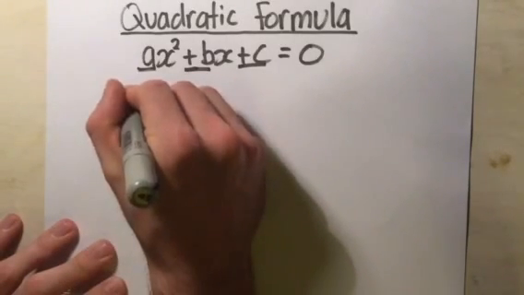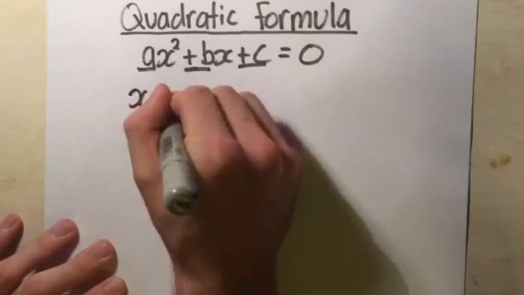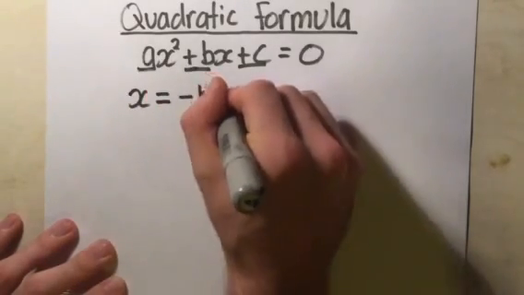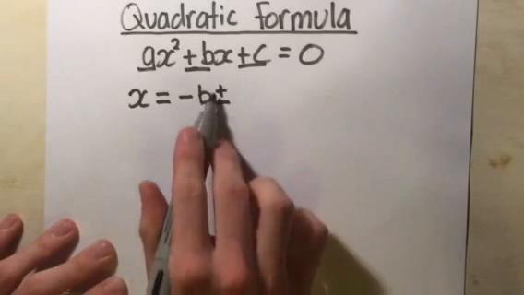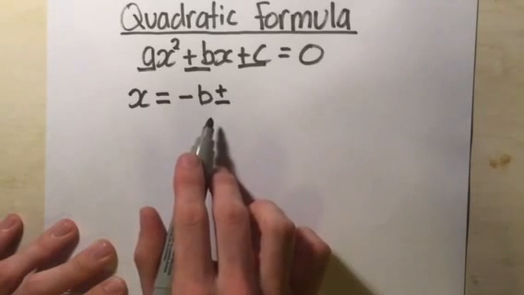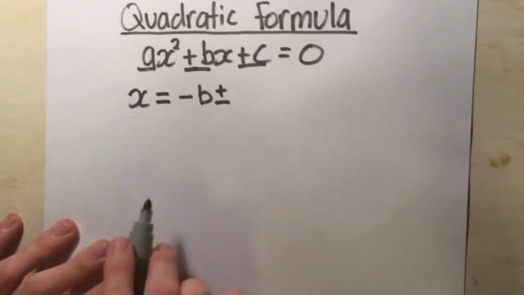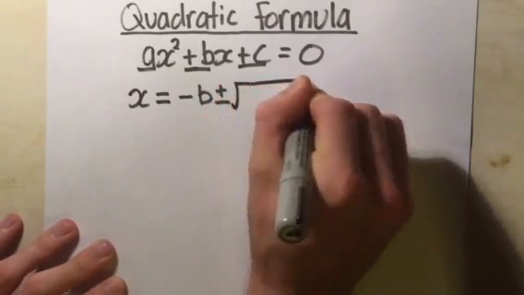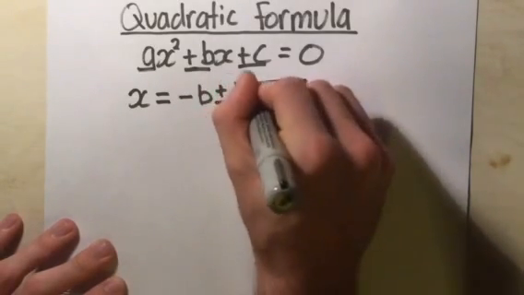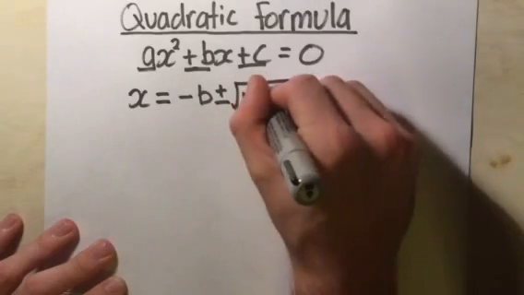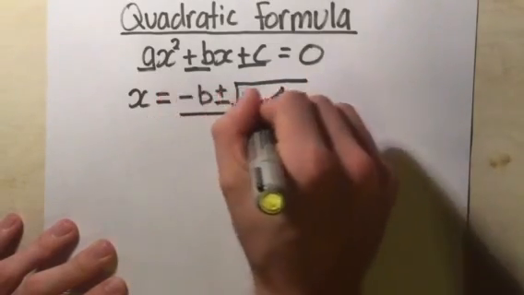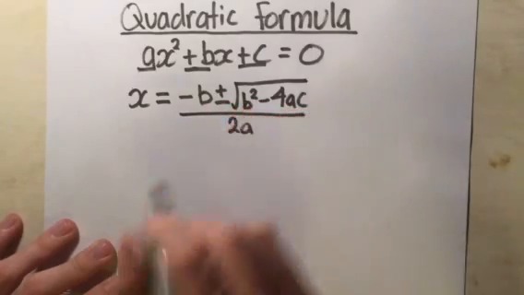We know that our x answers are going to be given by x equals negative b plus minus, and it's plus minus because there is usually two solutions or two answers if you remember when we factored some quadratics, the square root of b squared minus 4ac, over 2a.